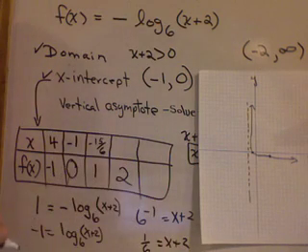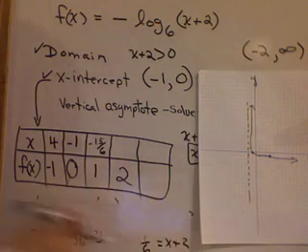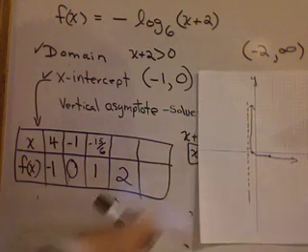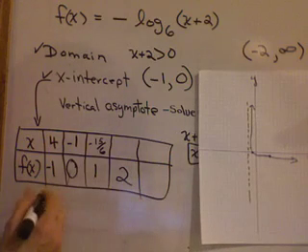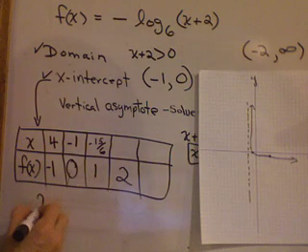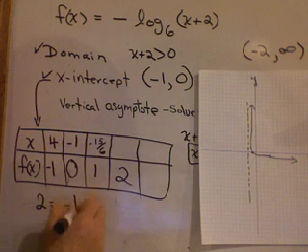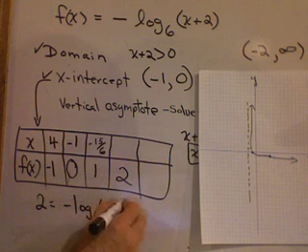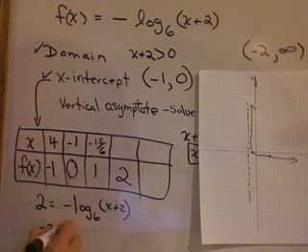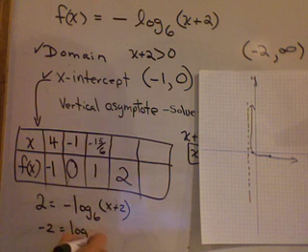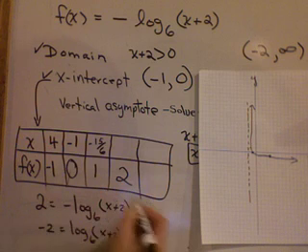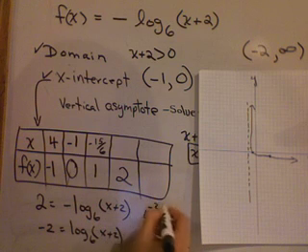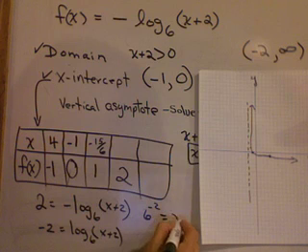Let's try solving for the 2. All right, we can do that. So that means 2 equals minus log base 6 of x plus 2. So minus 2 equals log base 6 of x plus 2. Exponent form again, 6 to the negative 2 equals x plus 2.